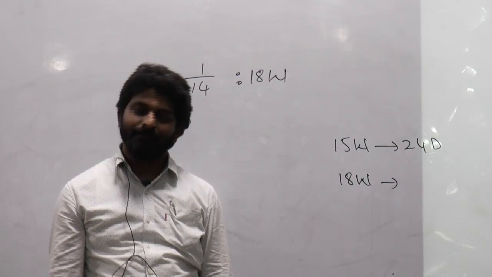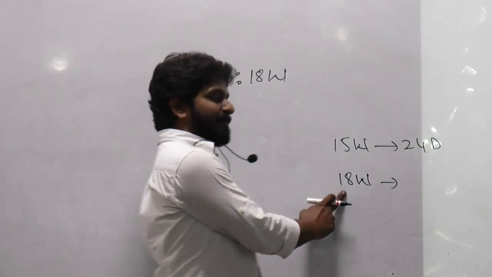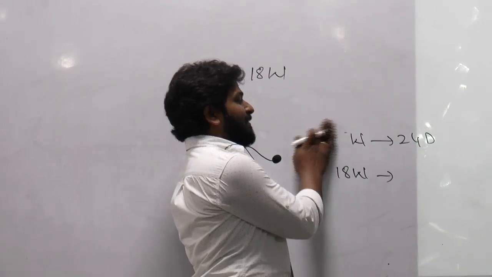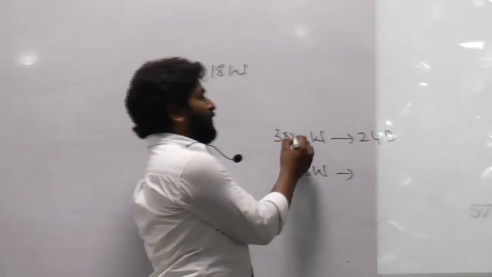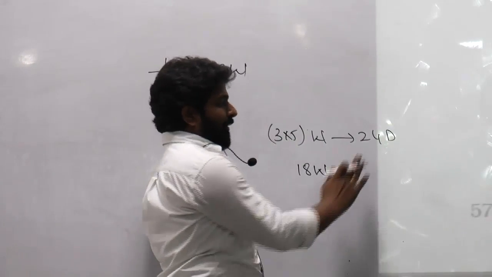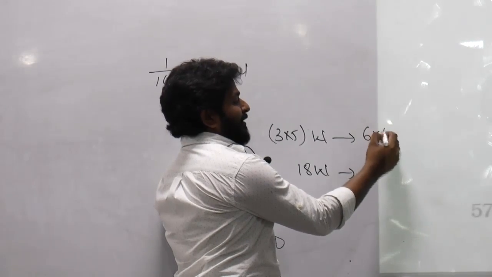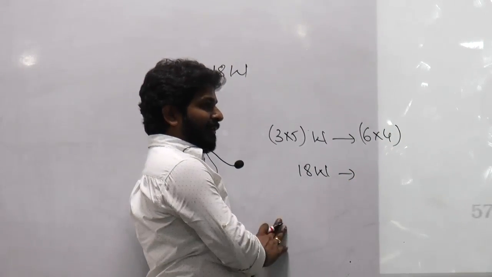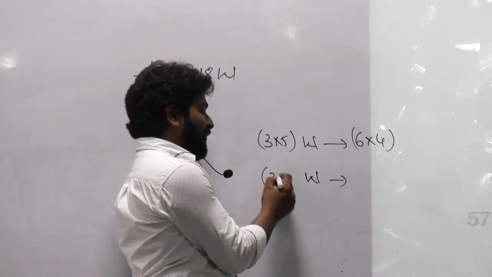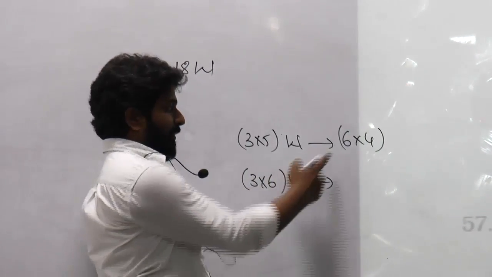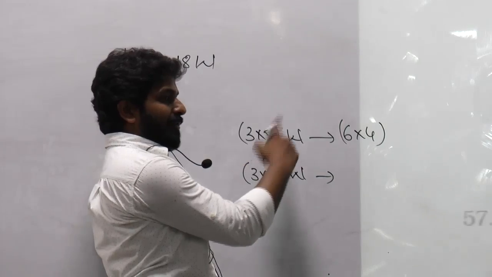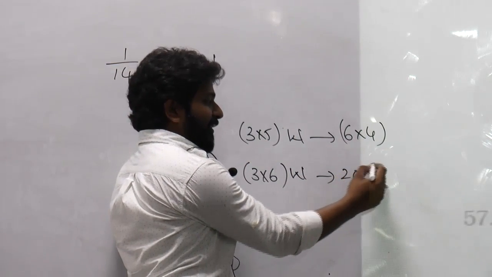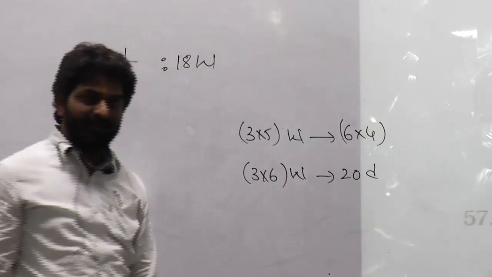This is a multiple of 6. I'll write 15 as 3 into 5 women can complete the work in 6 into 4 days. I want 18 here. That is 3 into 6. 6 comes to this side. 5 goes to the right hand side, that becomes 5 into 4, which is 20 days. So 18 women can do it in 20 days. Happy?